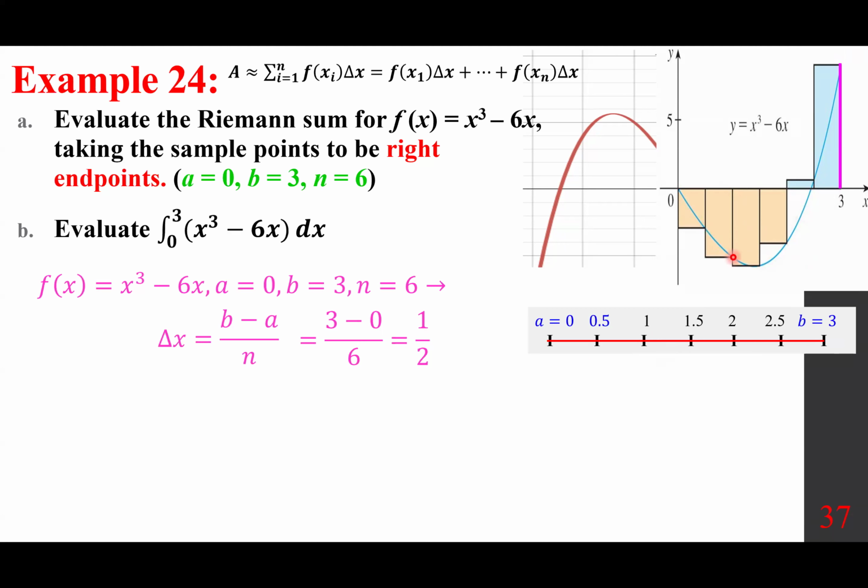See this one, this one, this one, this one, and then this one, and this one. As far as the graph is concerned, those are the right endpoints. We are using those.